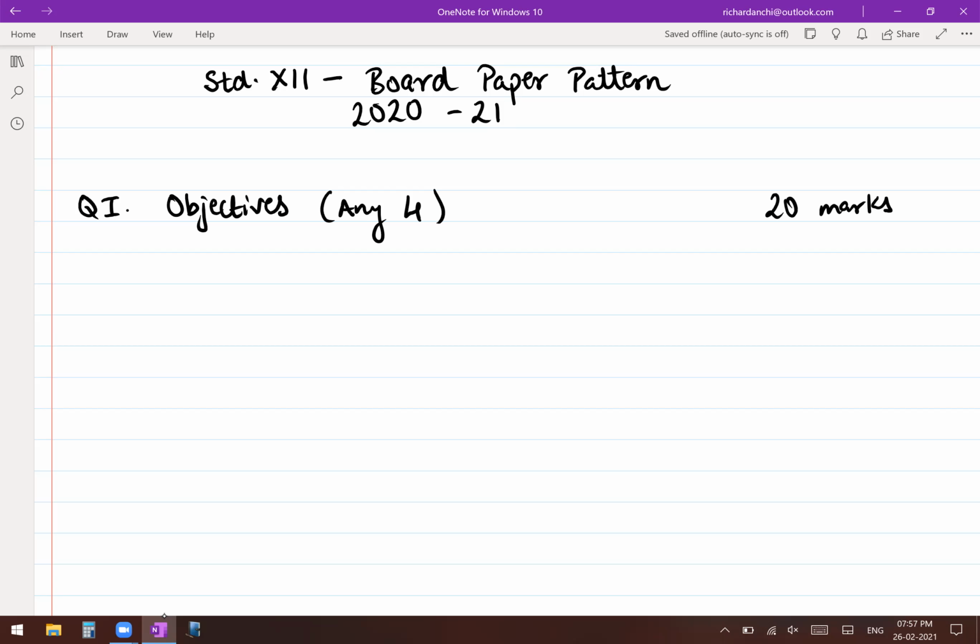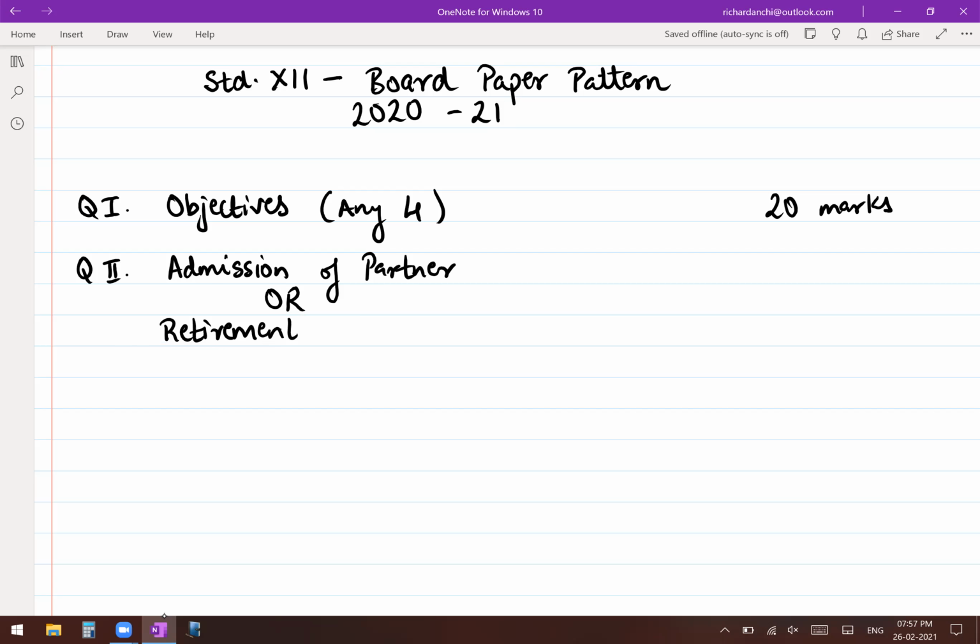Now question 2. There is an option. First is admission of a partner. An option for this is retirement of a partner, so it's or.